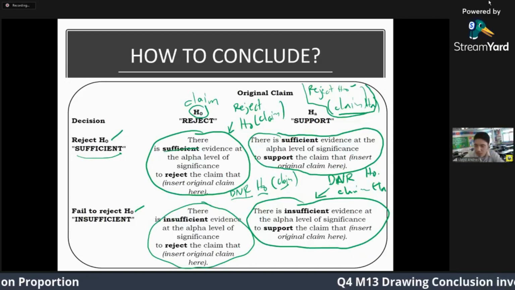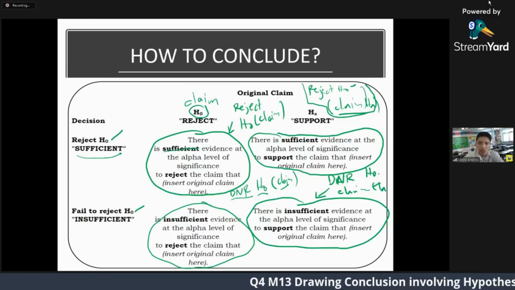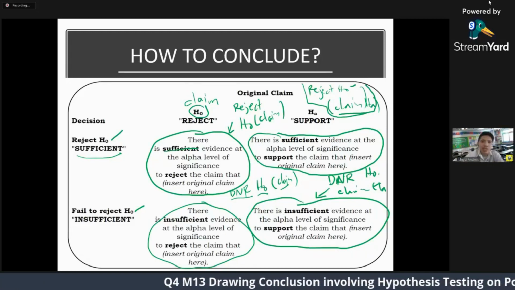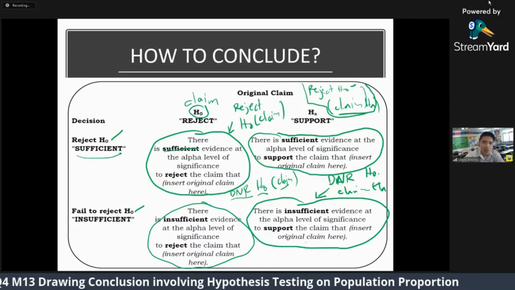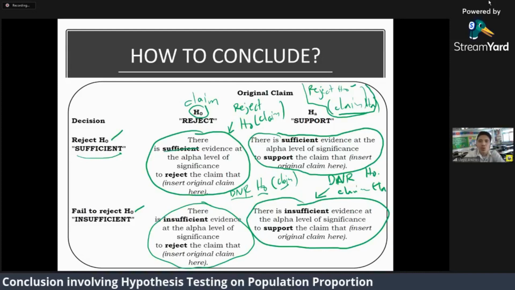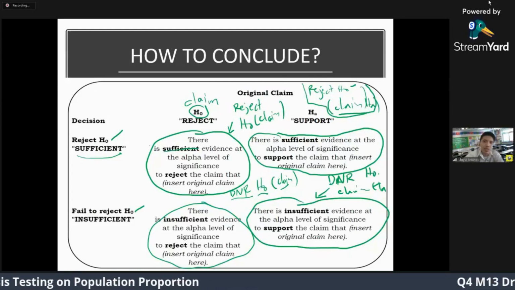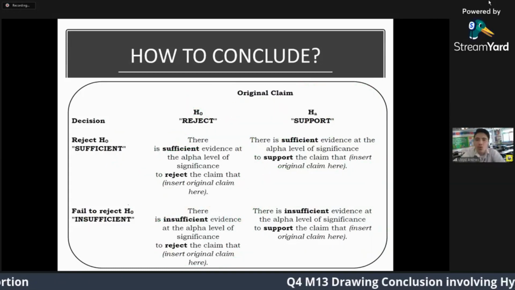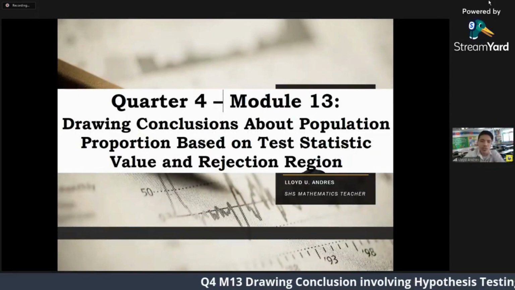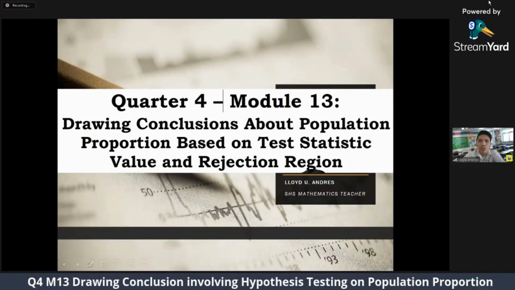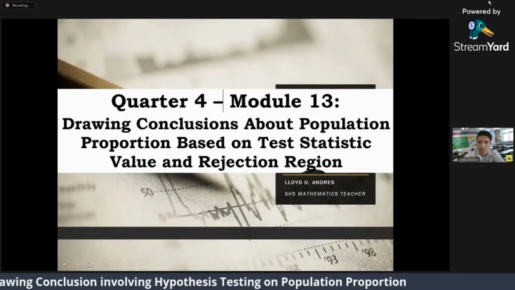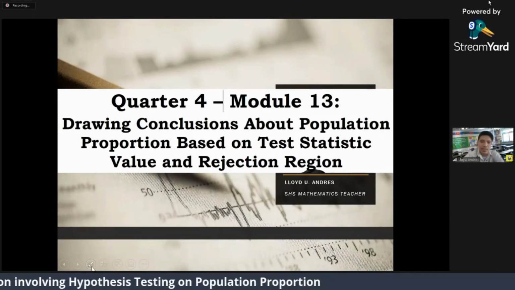So, medyo libog siya at first actually, pero i-plaster lang na sa inyong una. Take note, you reject or do not reject HO, tapos ang i-reject ninyo si HO, ang support ninyo is claim. Okay? I think that's all for Quarter 4, Module 13, entitled Drawing Conclusions about Population Proportion Based on Test Statistic Value and Rejection Region.